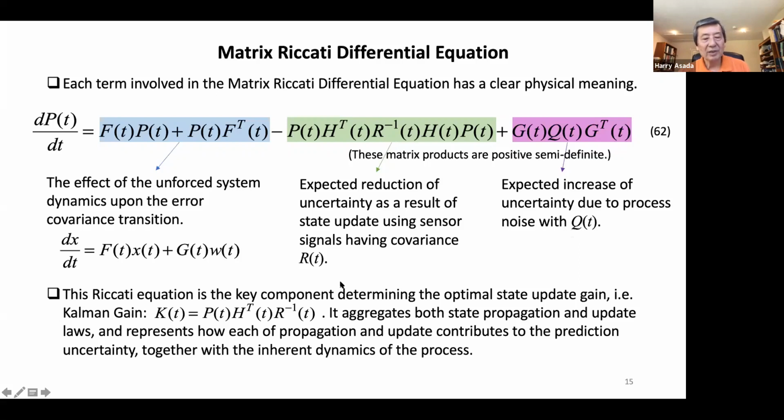So this Riccati equation is a key component to determine the optimum state update gain, that's the Kalman gain KT. It aggregates both the state propagation and the state update laws, and represents how each of the propagation and update contributes to the prediction uncertainty, together with the inherent dynamics of the process.